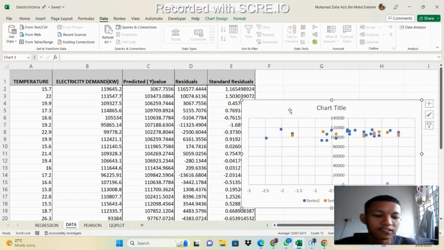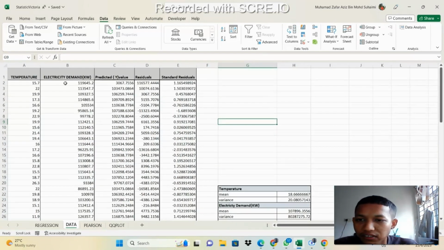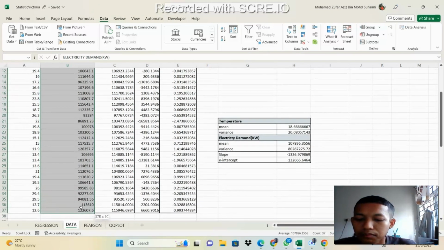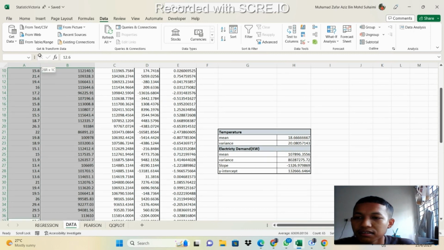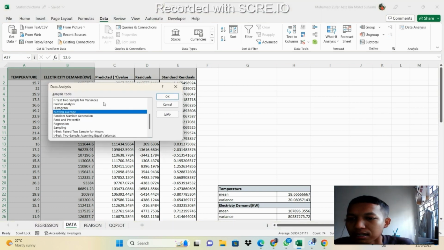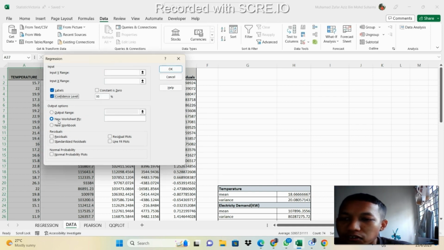You can just straightforwardly select these two data, then go to Data, then Data Analysis, and then select Regression. Then click OK, and you can tick the labels and also the confidence level. Why 95%? Because our alpha is 5%.